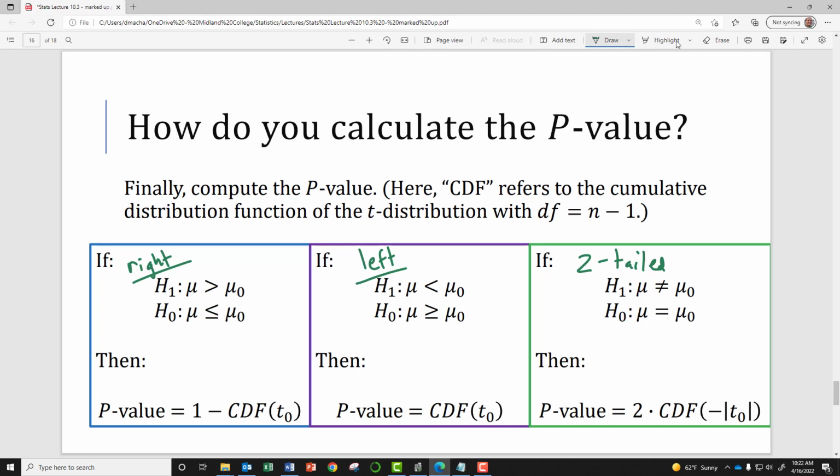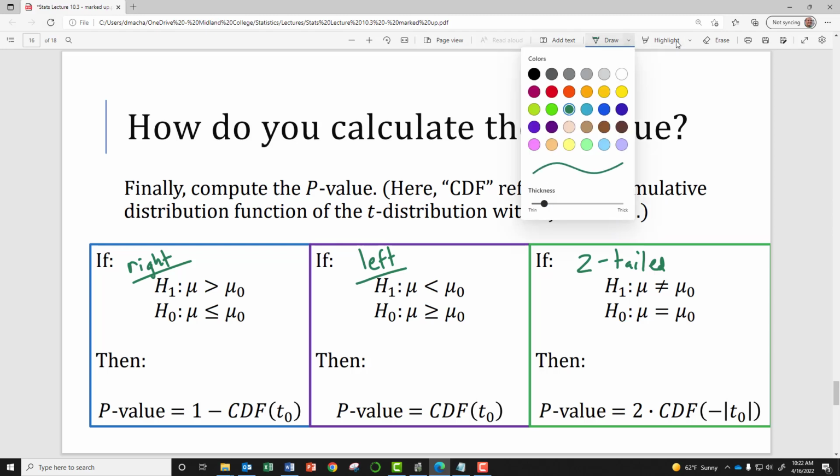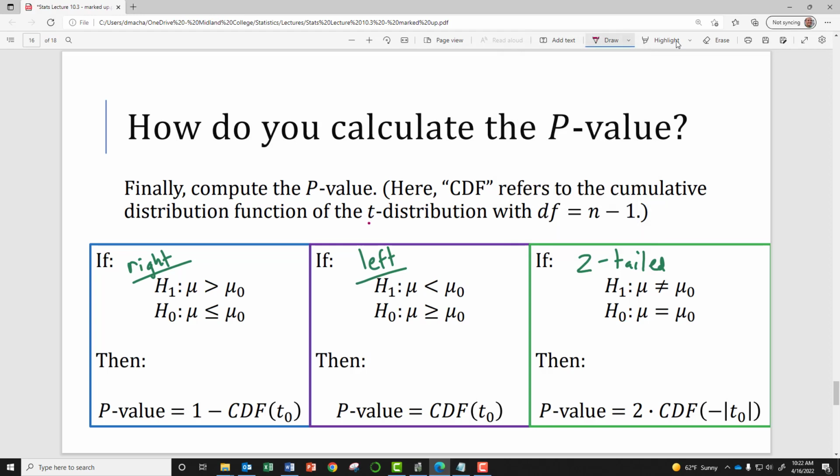So in these 3 cases, we have different formulas for my p-value. Remember, now, since I'm using a test statistic that looks like lowercase t naught, this CDF is referring to the CDF of the t distribution. So just be aware, this is the t distribution CDF in all 3 of these formulas.